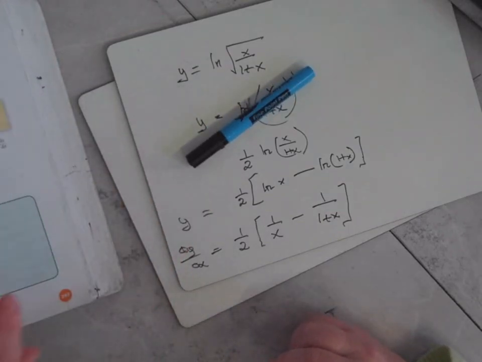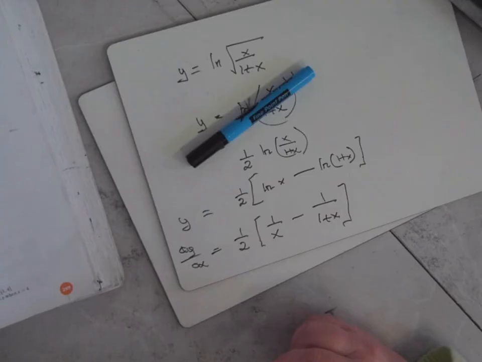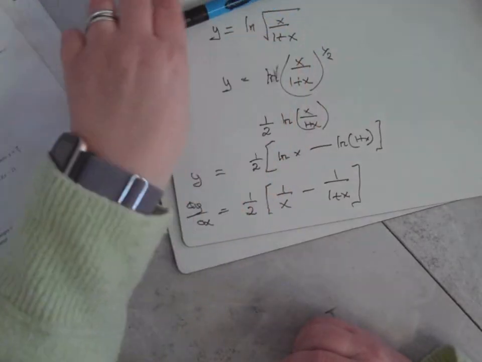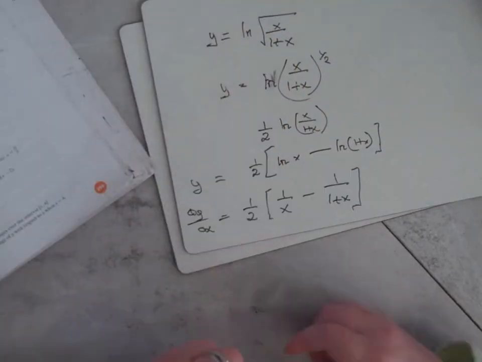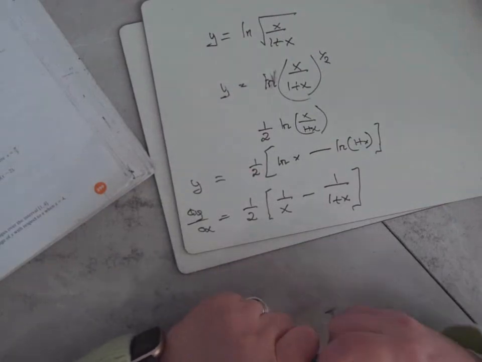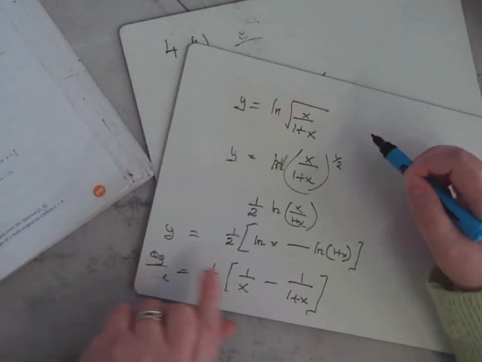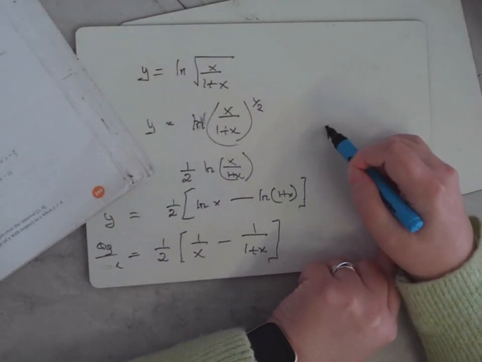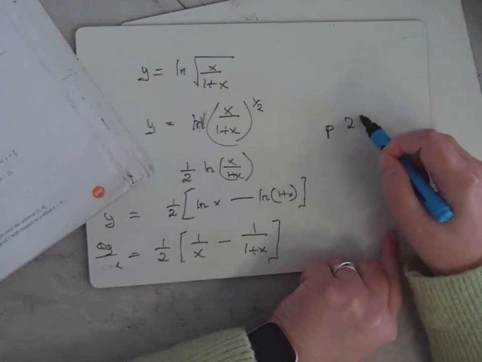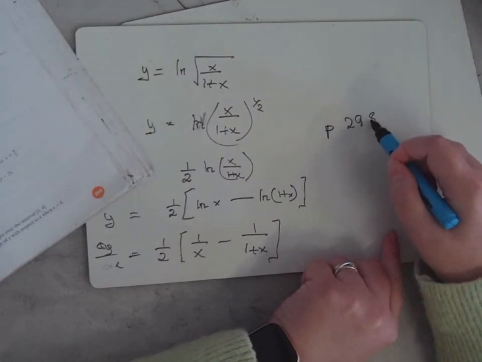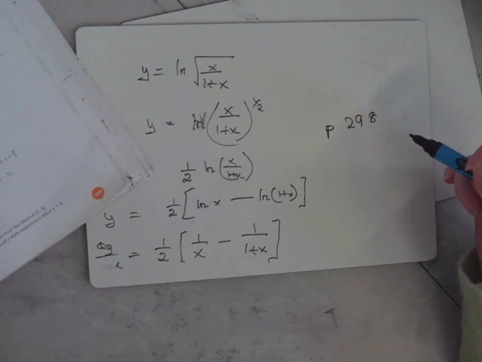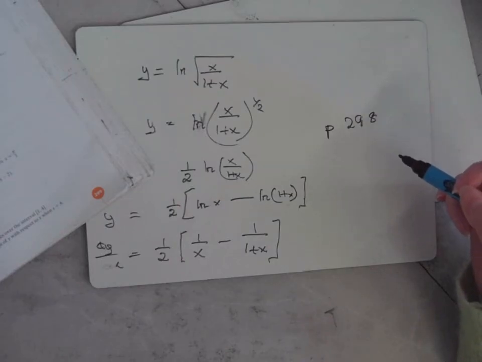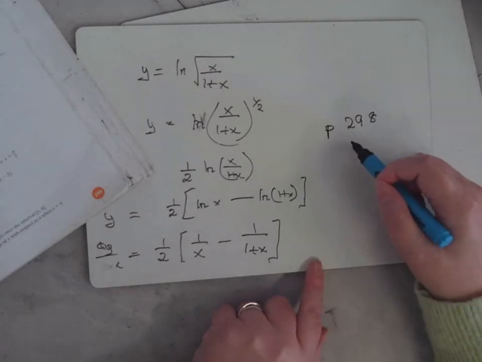So we're on logs and we're doing page 298. Let's do 1 to 10.